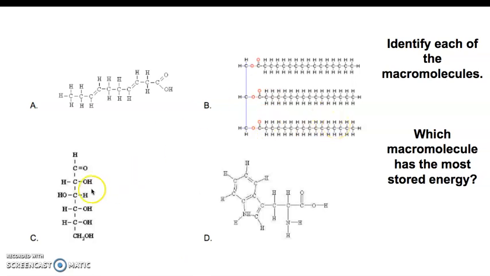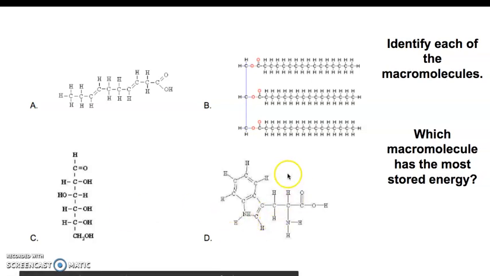All right, down here, carbon, hydrogen, oxygen. And if we count them up, we're going to see that they are in that 1 to 2 to 1 ratio. So 6 carbons, 12 hydrogens, and 6 oxygens. So this is a linear form of glucose, and it is a carbohydrate.